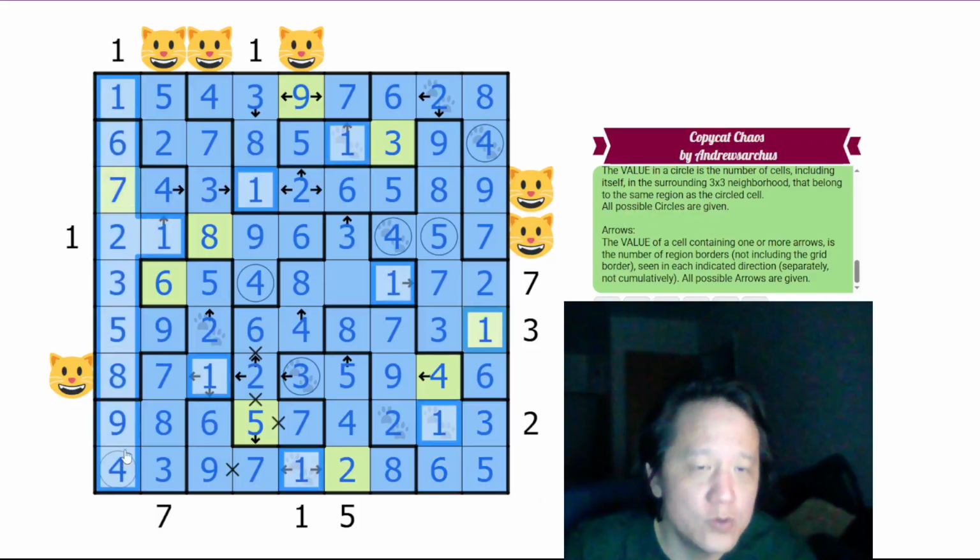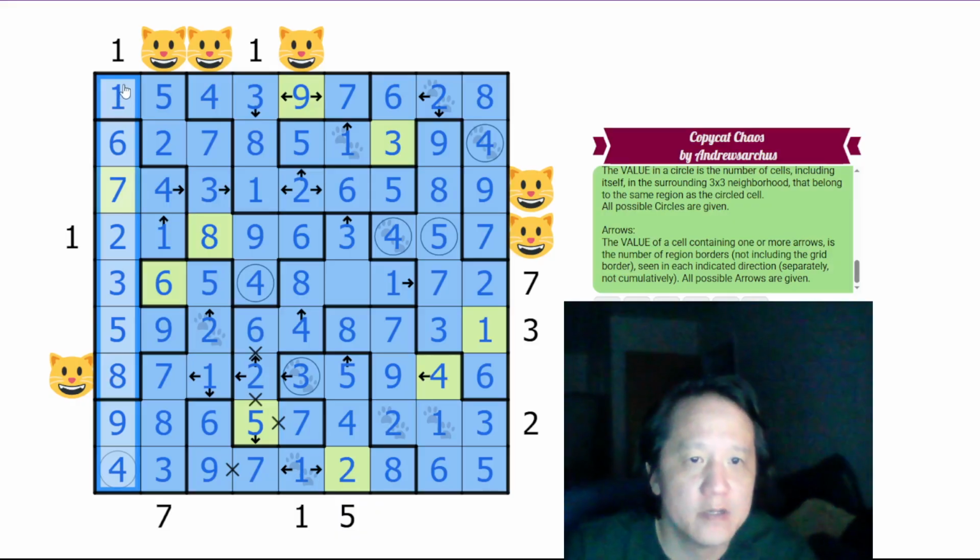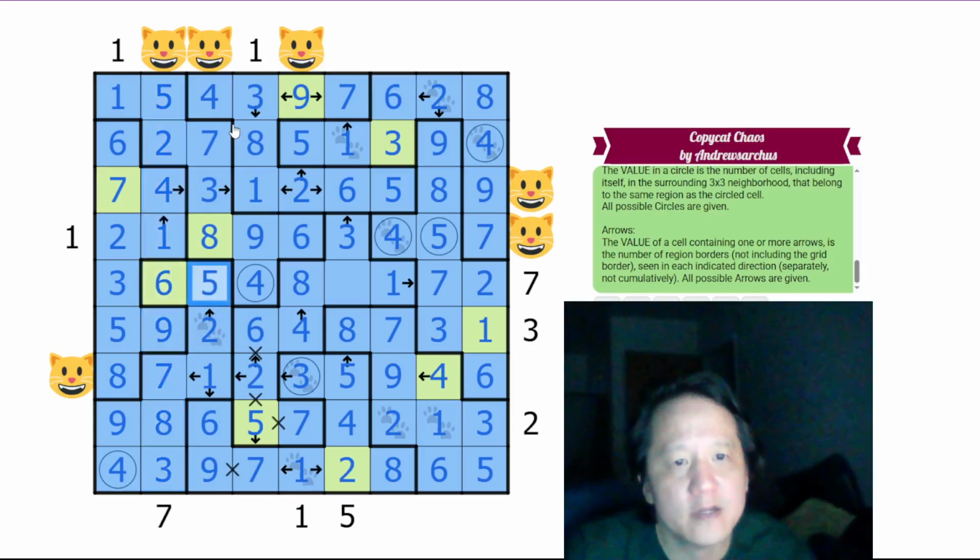C's. 2 cells this way. 2 borders this way, 2 borders this way. Oh, this is such a pain. It's not going to see 5. It sees 2 that way. 1, 2, 3, 4 that way. This sees 1 or 0 in these directions.